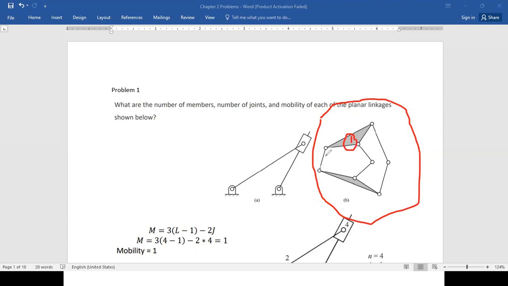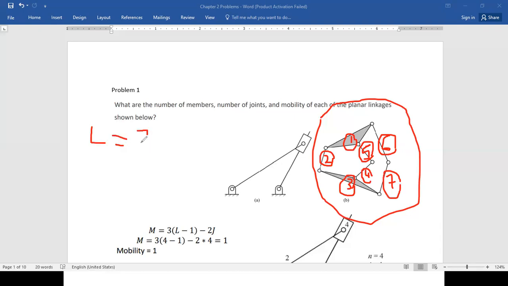This is another link 2. Another ternary link here. This is 3. This is number 4. This is number 5. This is 6. And this is 7. So in total, in this closed mechanism, the number of links is equal to 7.